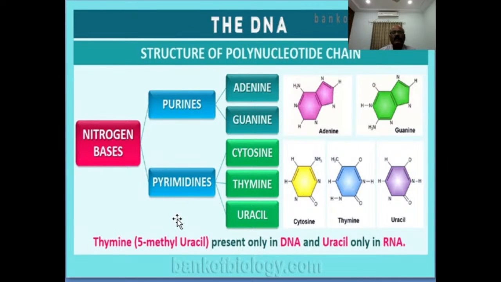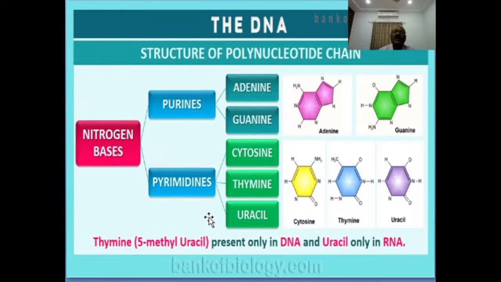DNA possesses 4 types of nitrogen bases. RNA also possesses 4 types of nitrogen bases. So in DNA, adenine, guanine, cytosine, thymine, these 4 nitrogen bases are present. Uracil is absent in DNA.